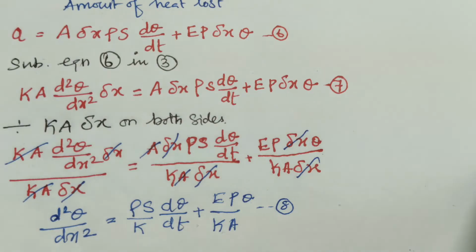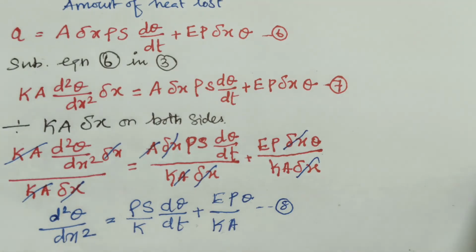Hence the heat lost by the radiation E P del x theta is 0. That is emissive power of heat loss is 0.